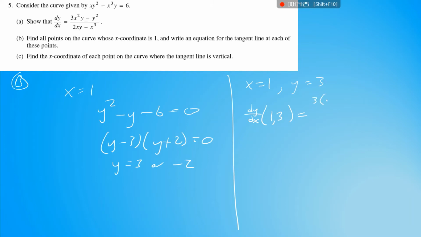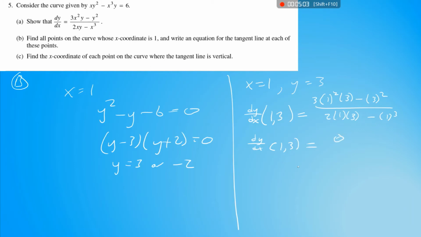I've got to show work, so I'm going to go ahead and plug these in. So what's happening to our slope at 1, 3? 0.